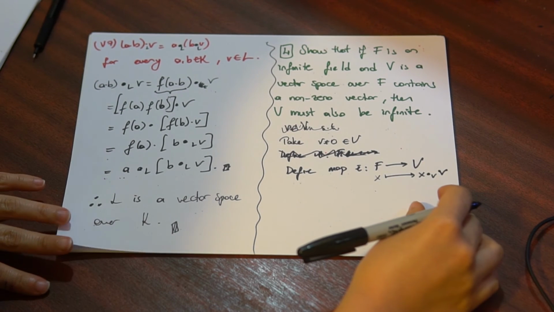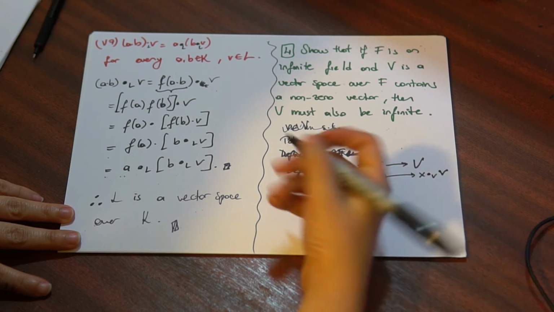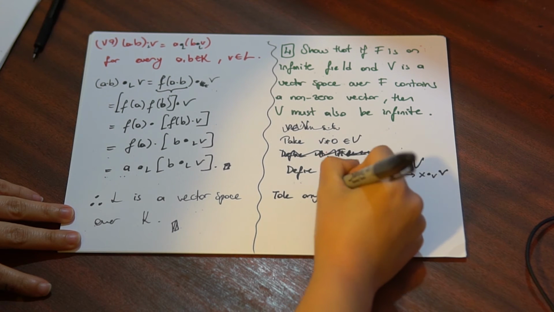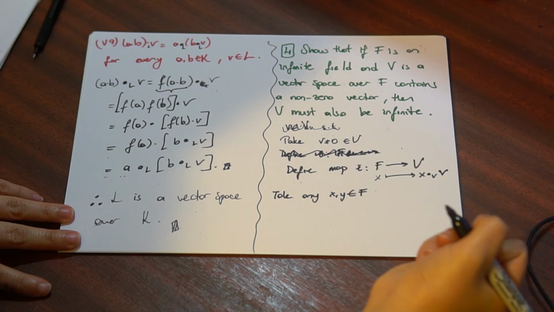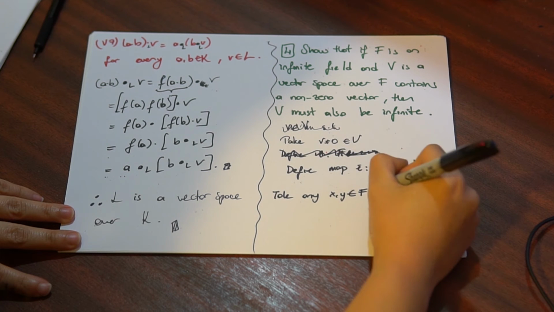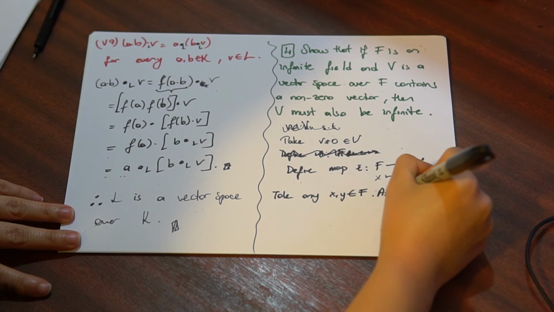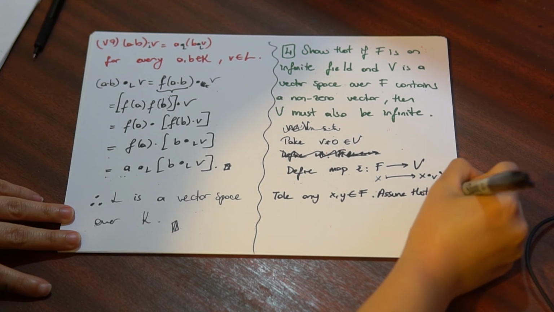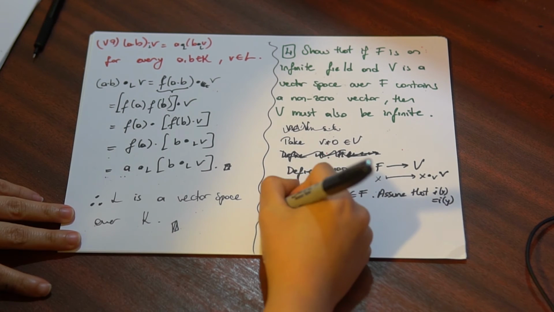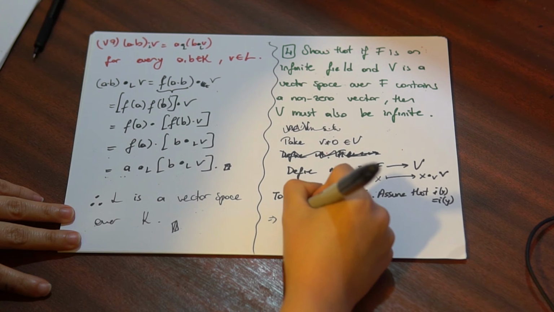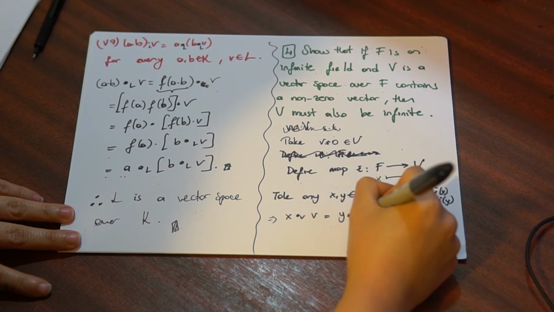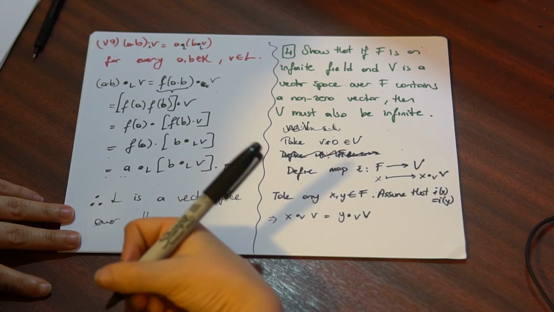So now I want to show that this map is injective. So let's take any x and y inside of F, and assume that I(x) is equal to I(y). Then this implies that x times v is equal to y times v.